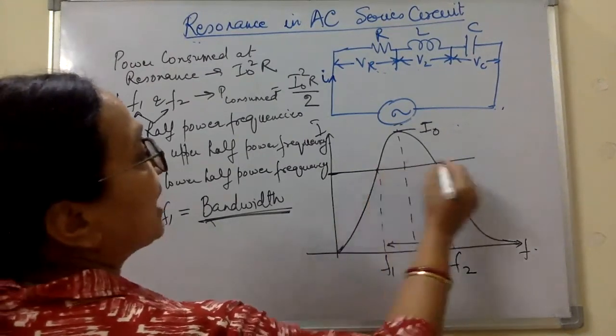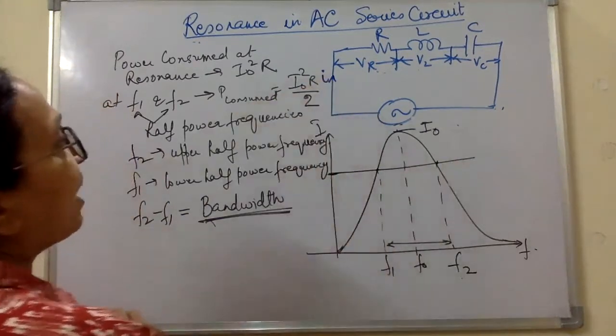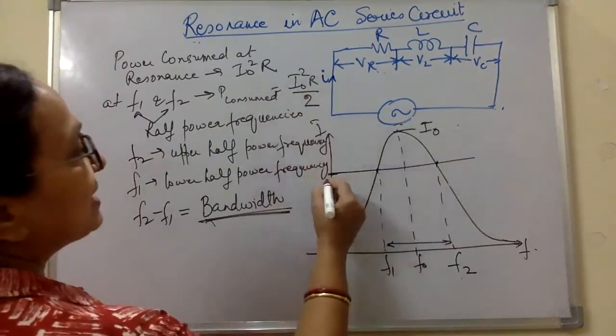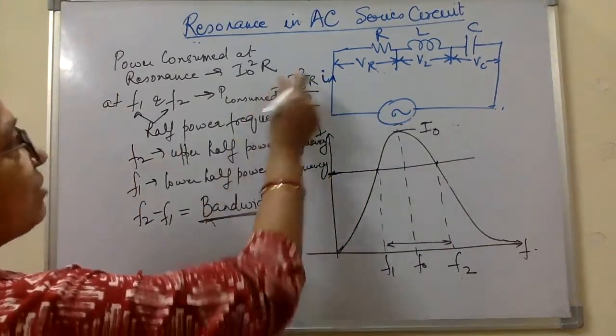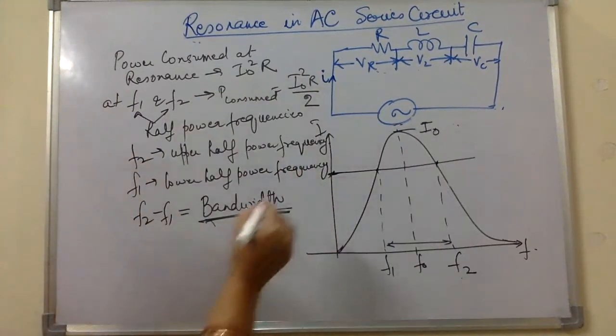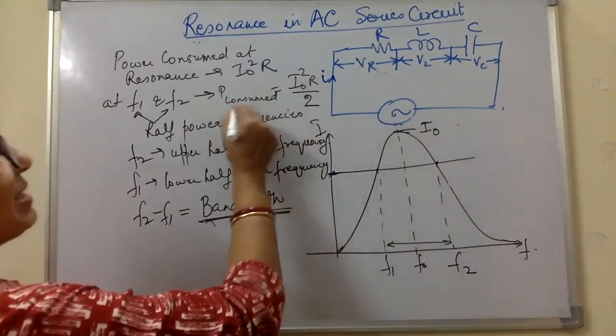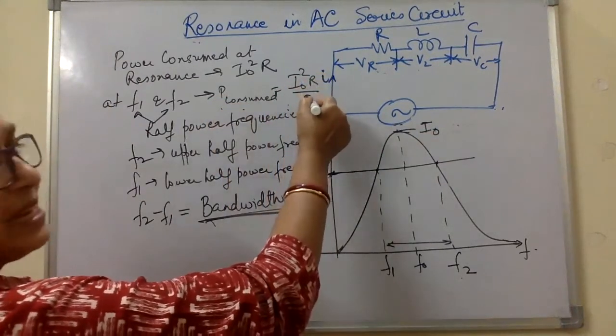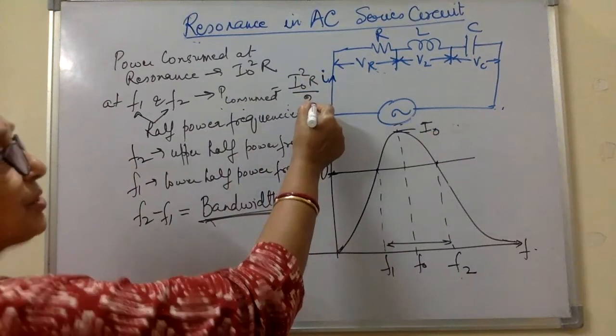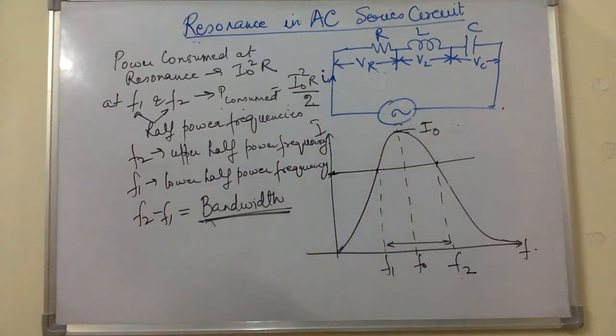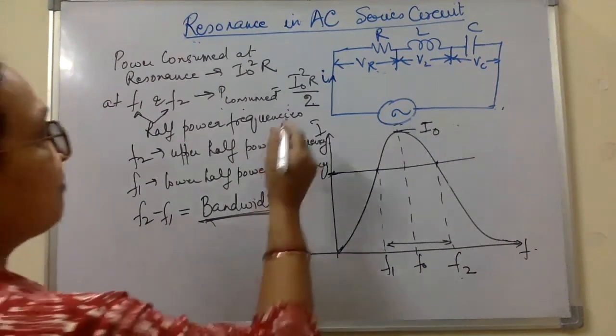So if you say that this is half power frequencies, what is the current value? The value of the current over here is I0. So at half power frequencies, the power consumed by the circuit was I0 square R by 2. So I0 at resonance is V by R.